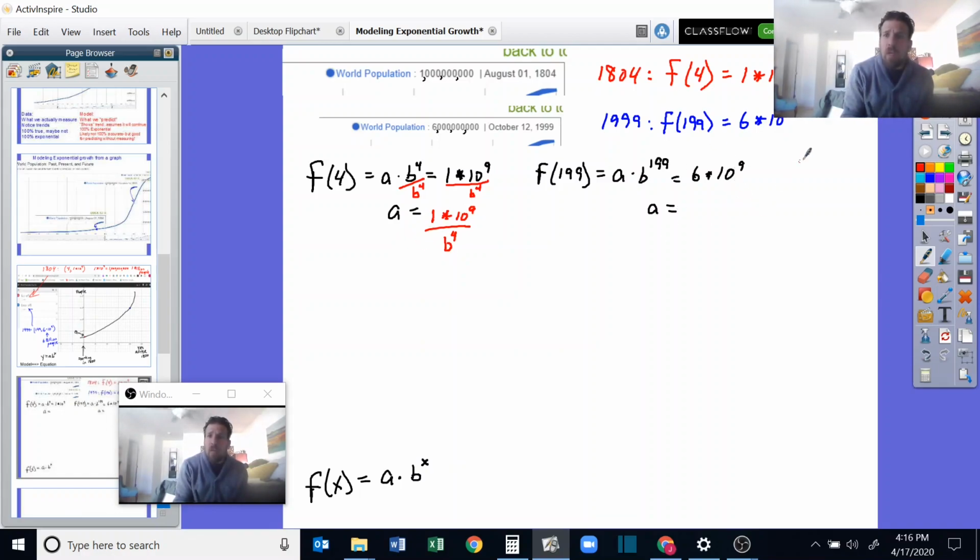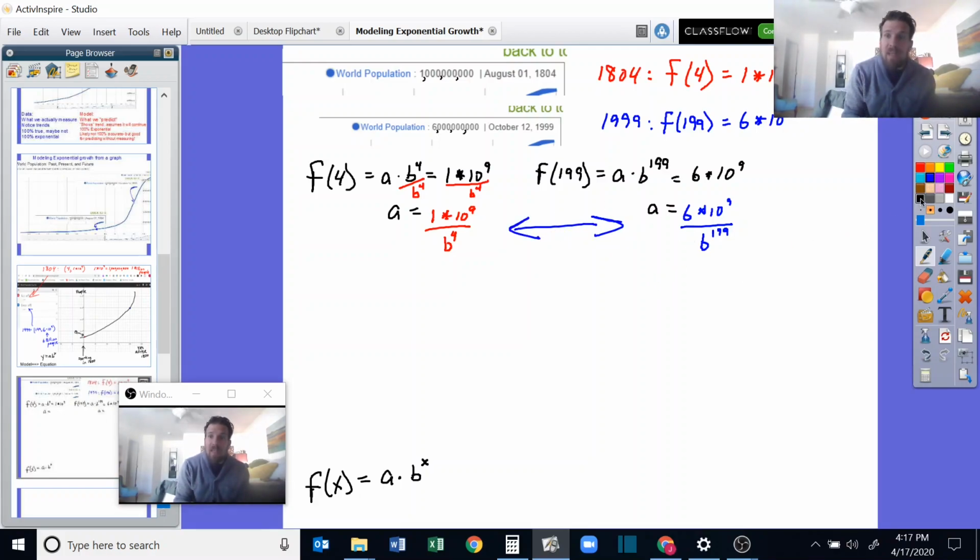Now, over here in the 1999, I can do the same thing. Again, I'm going to divide out this b to the 199. So I'm going to get that the starting point is 6 times 10 to the 9th, 6 billion people, divided by b to the 199. Now, both of those are a.